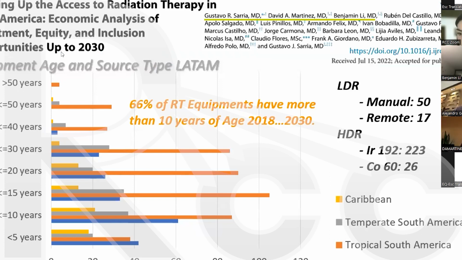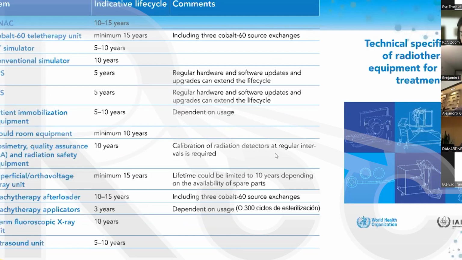Another important point, all this data has been published during the last 2 years with the group. If we project the whole installed capacity that we have right now in LATAM, right now we have 66% obsolescence, and in 10 years it would be 100% obsolescence of the installed capacity. Why is this important?